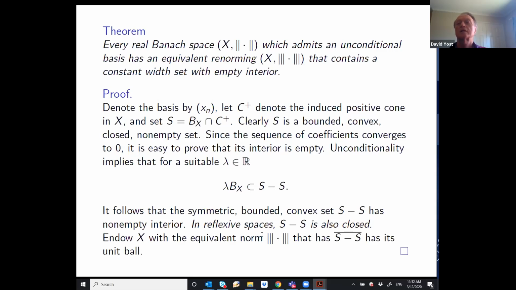So this set has non-empty interior, this is closed, and the result says there is a renorming. You simply take this set, S minus S, closure if you need, to be the unit ball for a new norm. And then you've got a set with non-empty interior with respect to this norm.